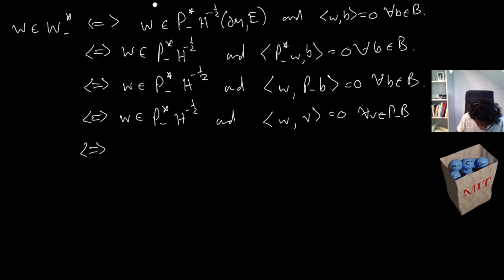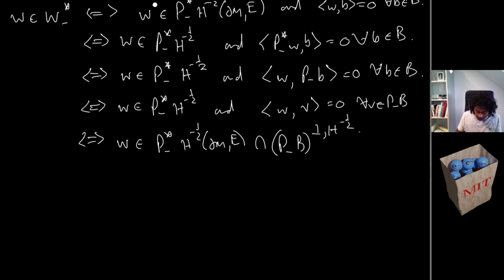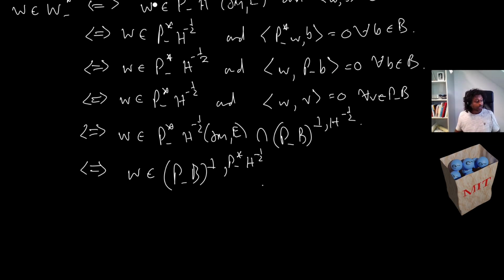So this is going to happen if and only if W is in P minus star H minus a half annihilator. So now I'm saying that it's in the annihilated subspace of P minus B, annihilated in H minus a half. So now this is exactly the same as saying W is in P minus B, annihilated in P minus star H minus a half. Okay, well maybe I'll omit that. Okay, so that's an easy calculation.